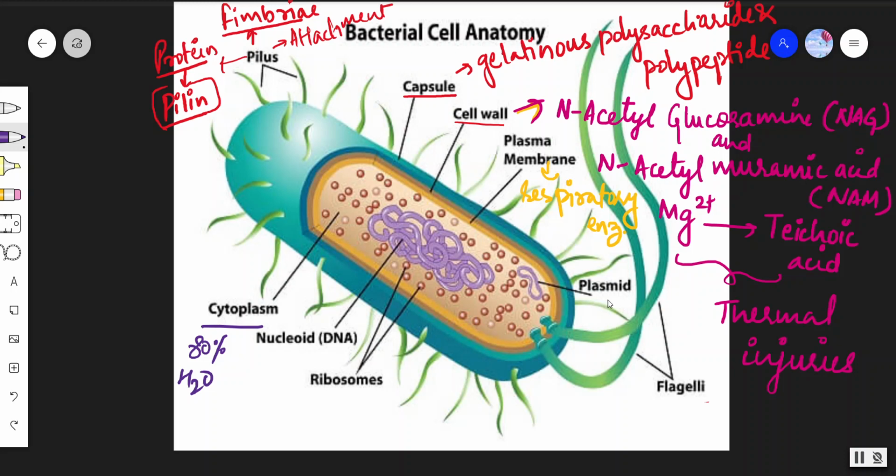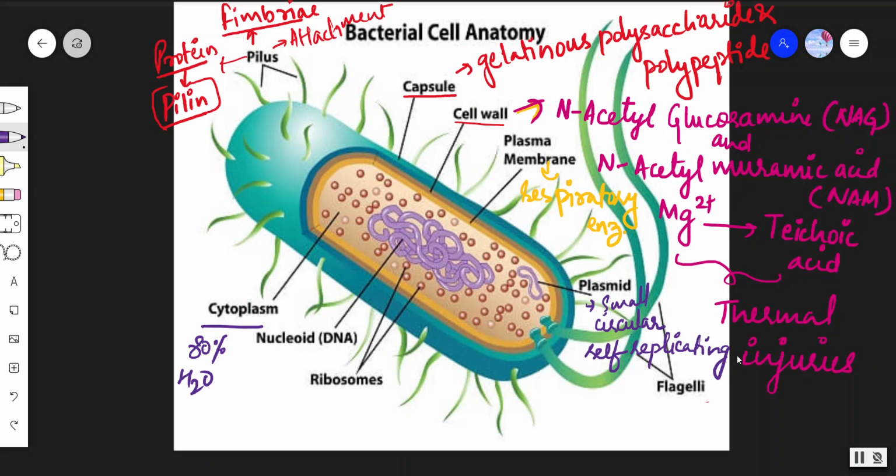Plasmids are somewhat small, somewhat circular, not clearly but somewhat circular, and they are self-replicating. They replicate by themselves only, they don't need any help of DNA and all.